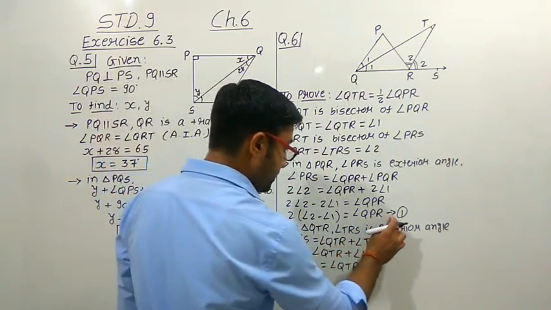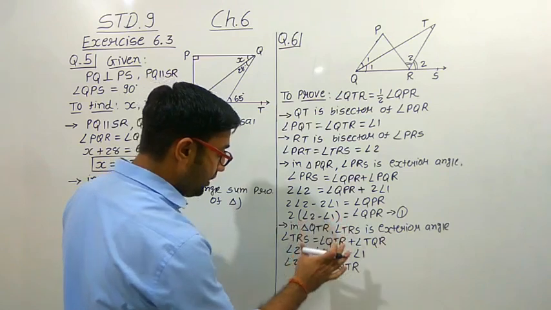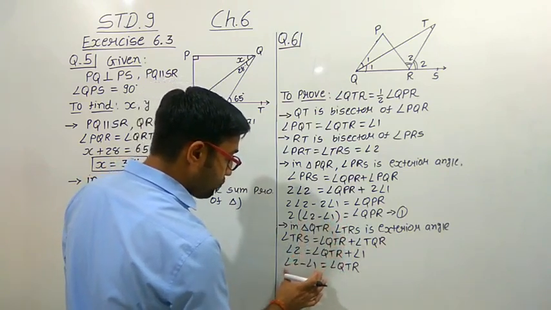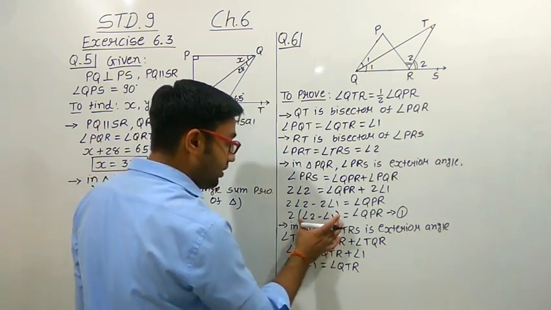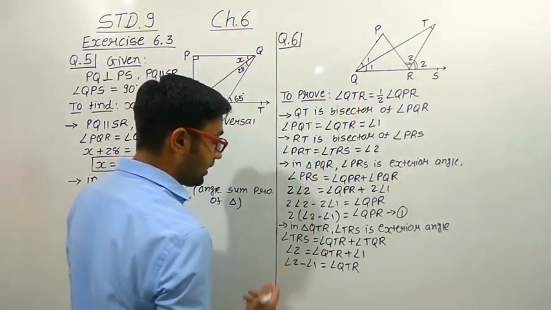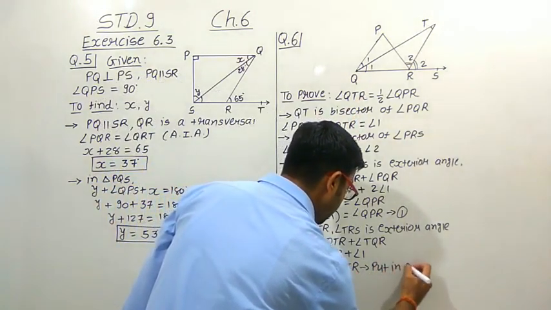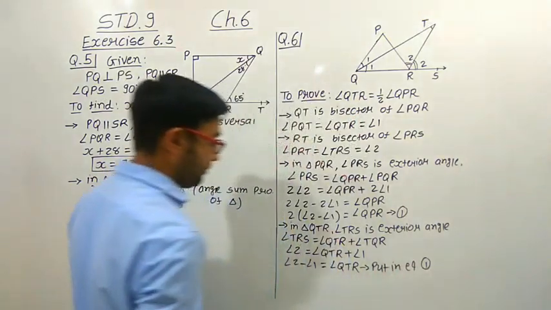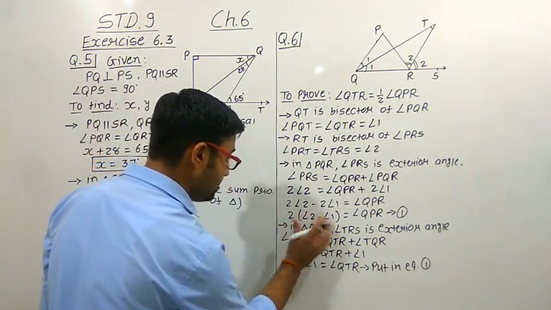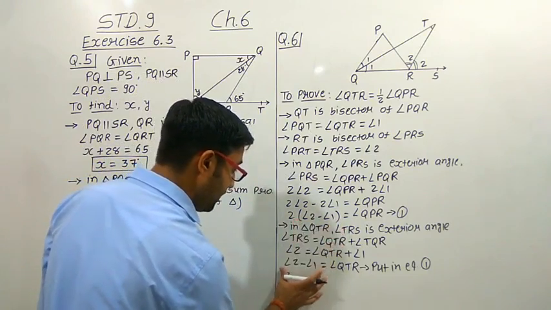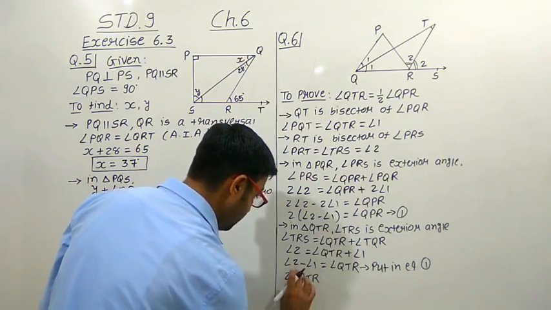Now see, in equation number 1, here also we have angle 2 minus angle 1. So when we put this value of angle 2 minus angle 1 here, we can get the result we require. So put this value in equation number 1. When we put this value, we get the 2 as it is. Instead of this bracket, we can write angle QTR, right?